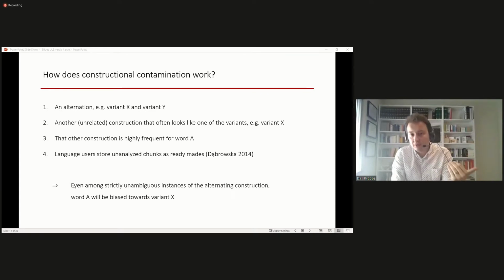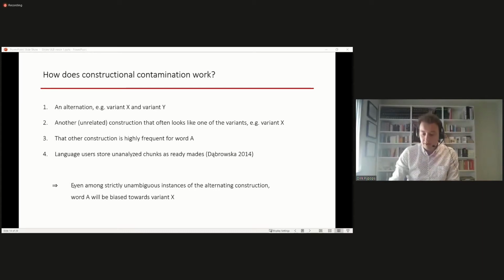For instance, it often looks like variant X. That other construction needs to be highly frequent for word A. And then you need the theoretical assumption that language users store unanalyzed chunks of language as ready-mades in their memory. Take those 4 together and you get to the prediction that even among strictly unambiguous instances of the alternating construction, word A will be biased towards variant X. All right, that's the theory.